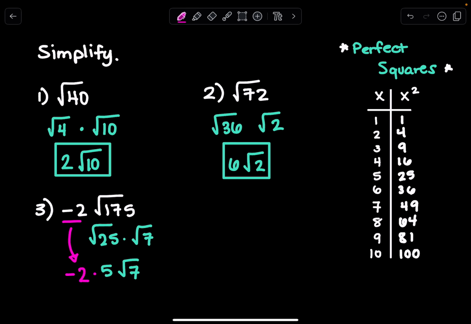And remember, this was -2 times the square root of 175. 175 I know is 5 root 7, so I can just do -2 times 5 root 7. All I need to multiply are these two guys on the outside. So this is going to be -10 square root 7.